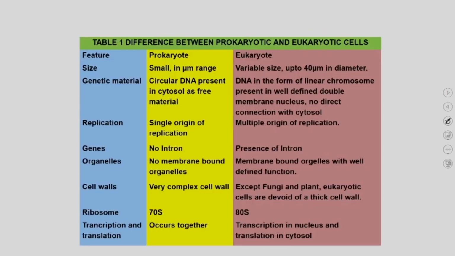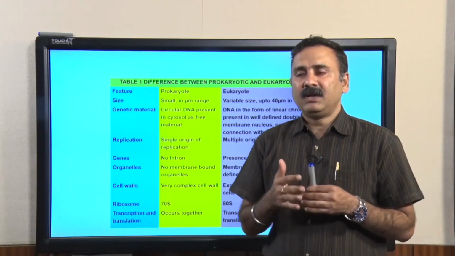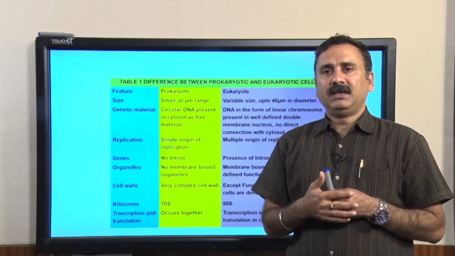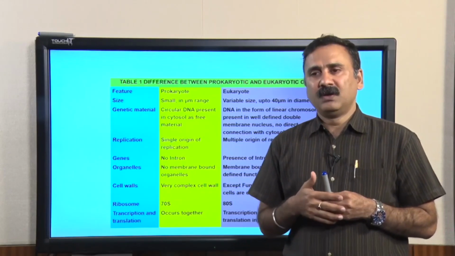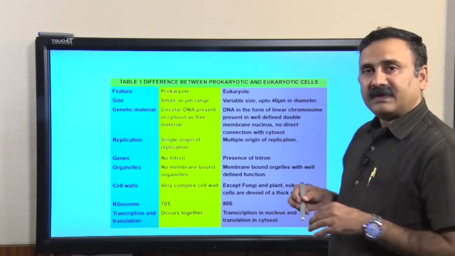The prokaryotic as well as the eukaryotic cells have distinguished and significant differences, and these differences are important to understand, so that you can exploit them and choose the suitable host for your downstream applications. What are these differences?